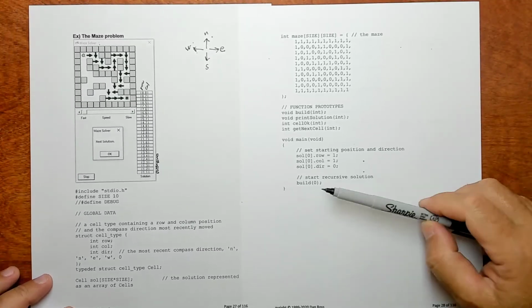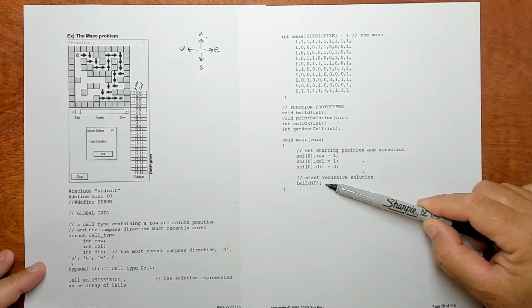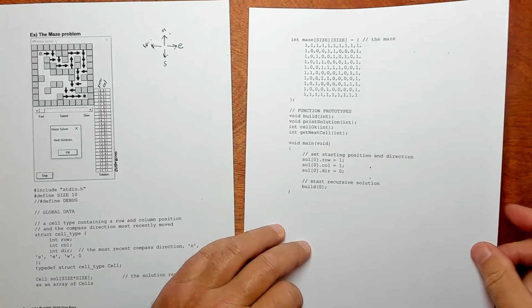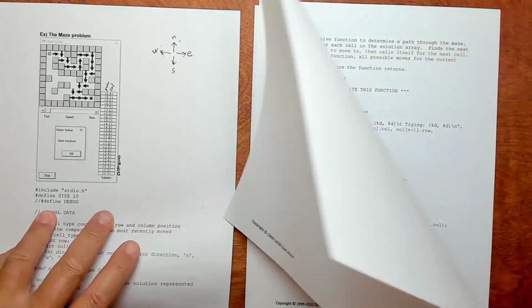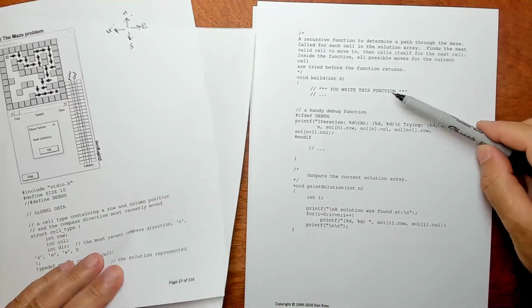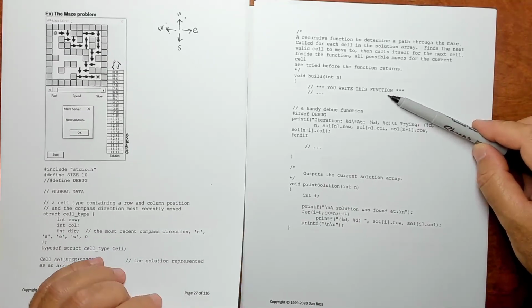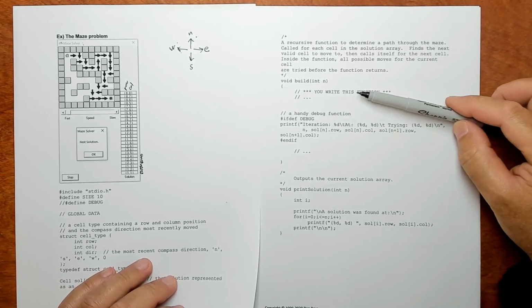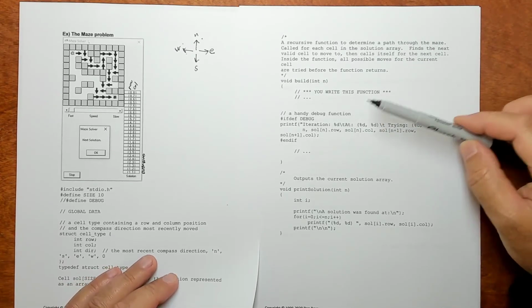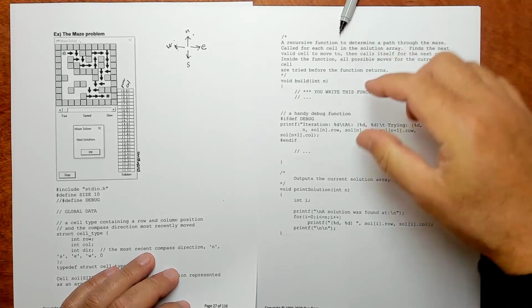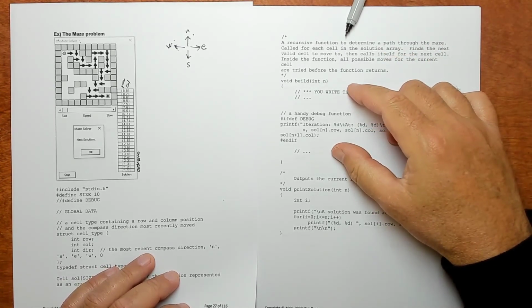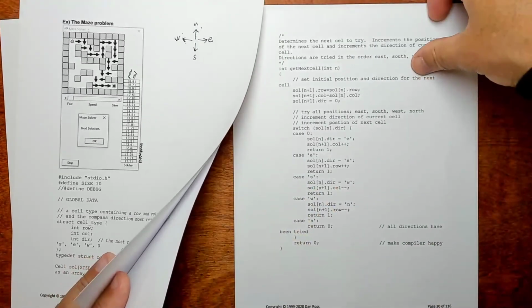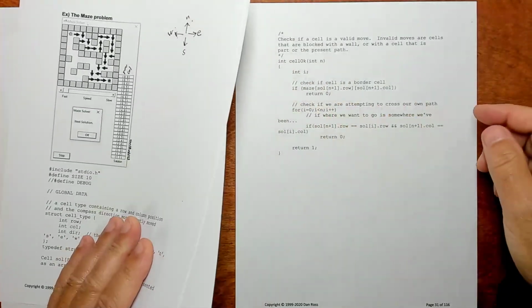We're calling a function in main called build. Oh, I left out the code. Well, I can't talk about it then. I do need to give you this code though. We'll talk about that later, but it is recursive and it's very similar to the Queens algorithm. You could run this demo if you want and look at that.